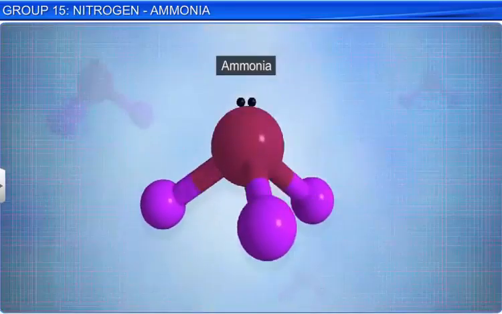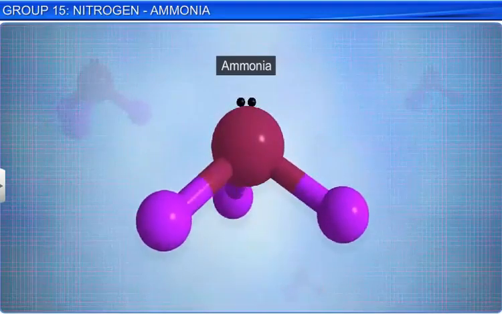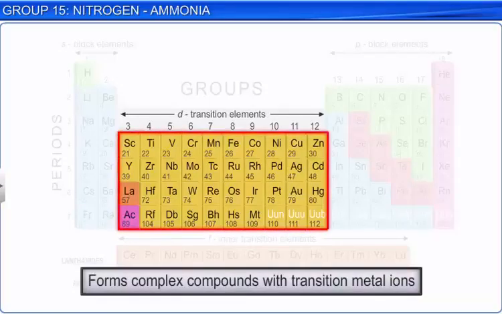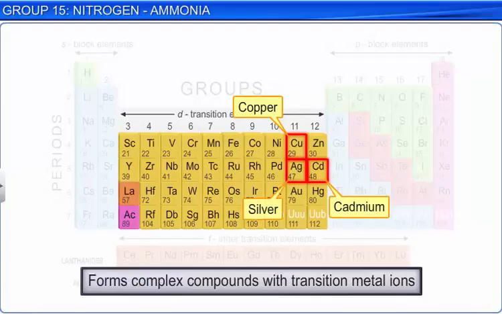Talking once again about its tendency to act as a Lewis base, it forms complex compounds with transition metal ions such as copper, silver, and cadmium.